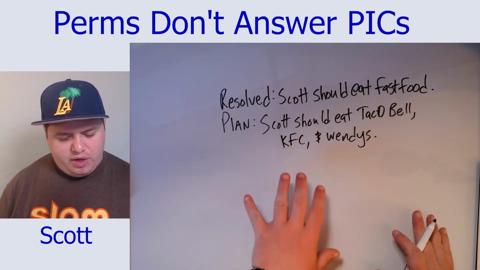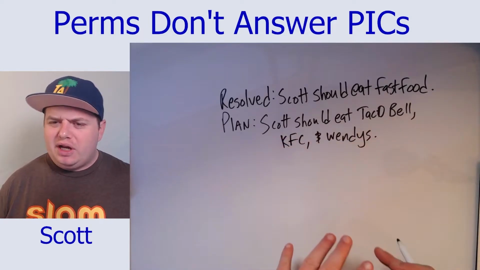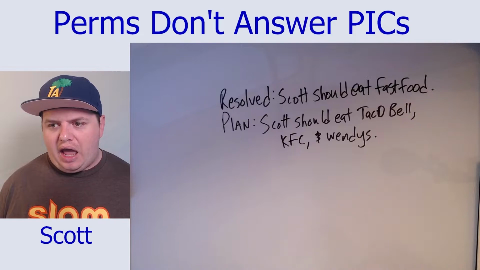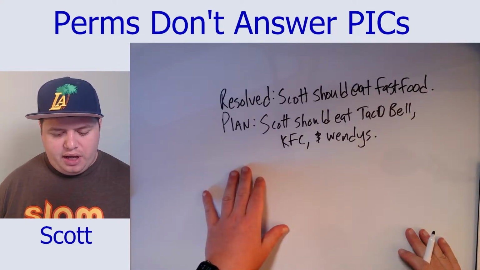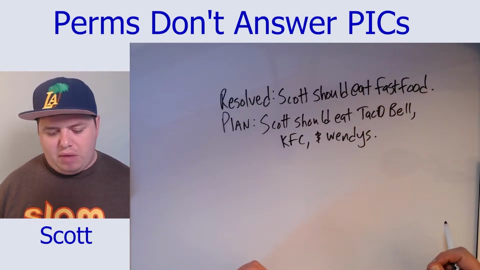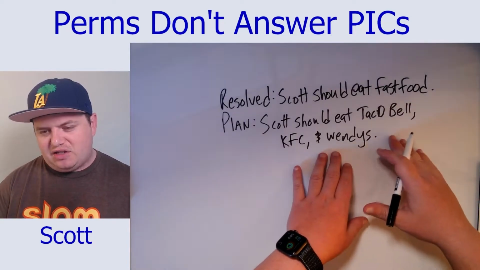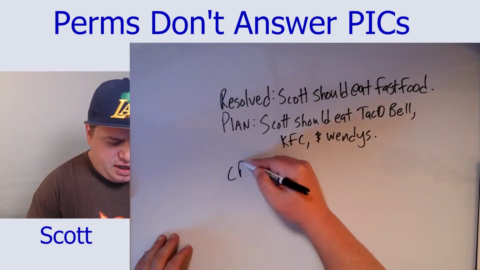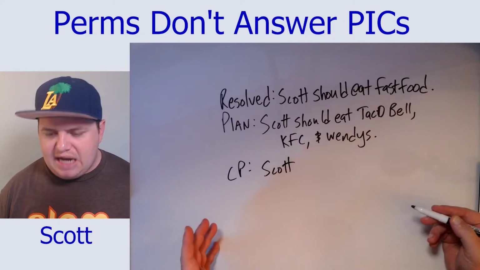So, if we had this as our plan in the debate, an example of a counterplan that's not a PIC would be a counterplan that has me eat not fast food. For this example, it could be fast food other than these three things. But an example of a generic counterplan might be that I should eat something that's not fast food.